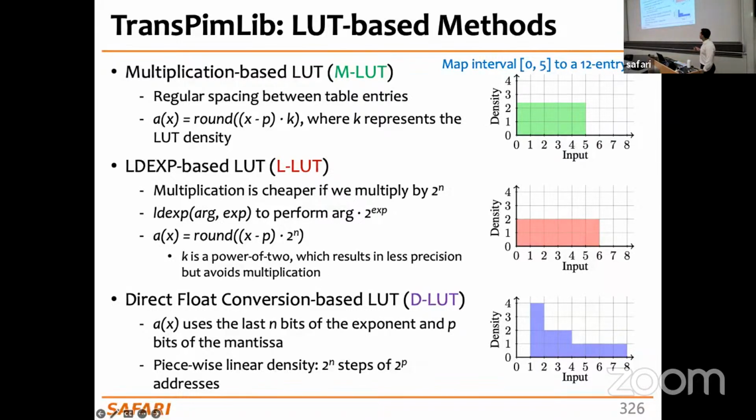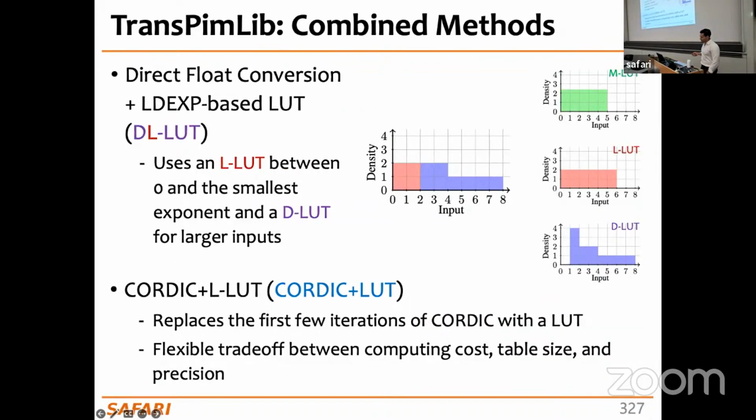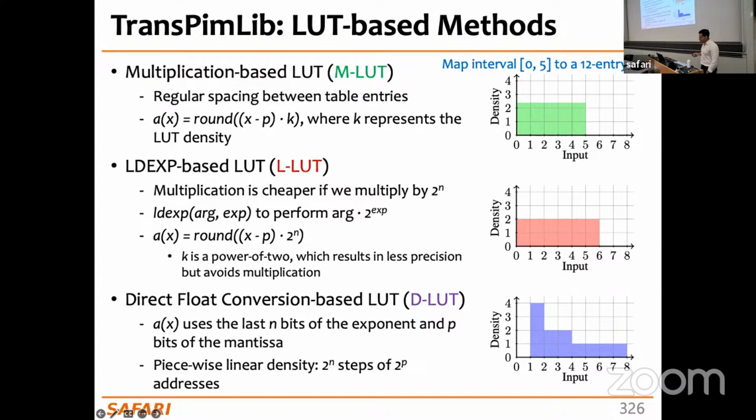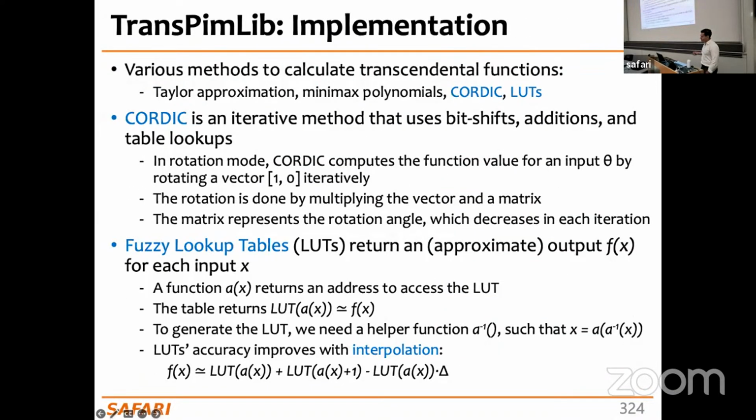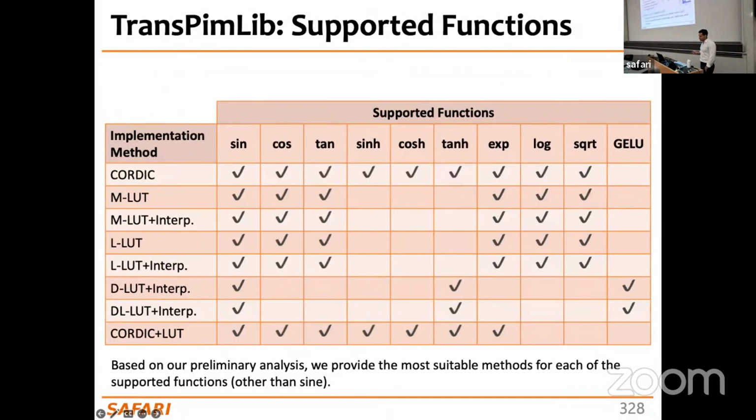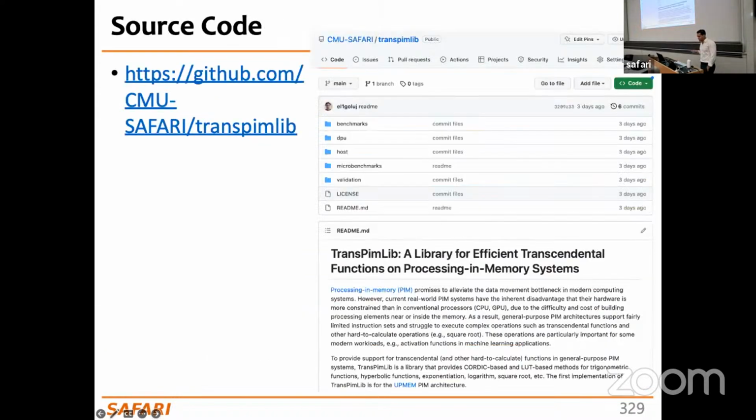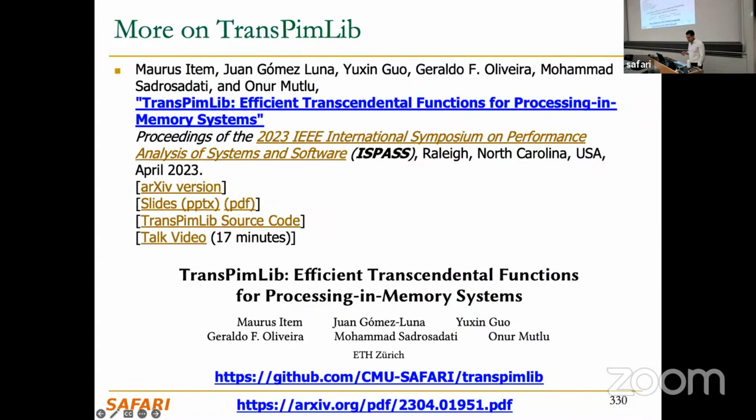So basically, we opted to create these APIs that approximate transcendental functions using either lookup tables or CORDIC implementations of them. We implement several key transcendental functions there, and the API is available online.